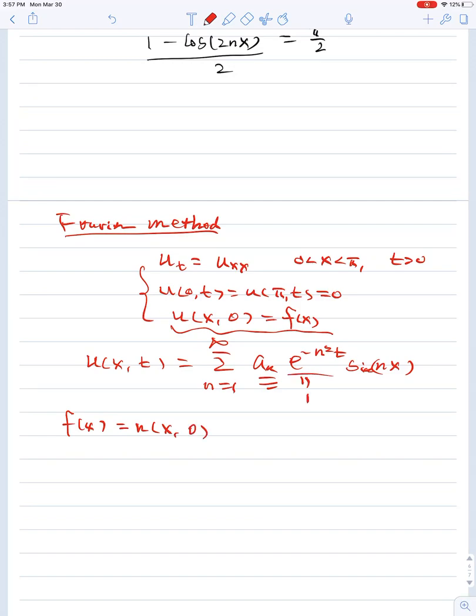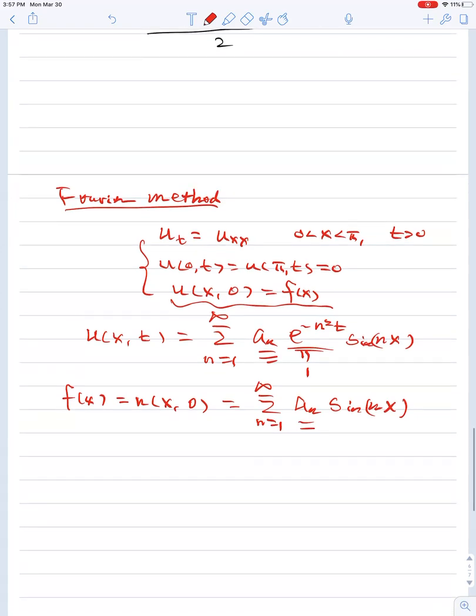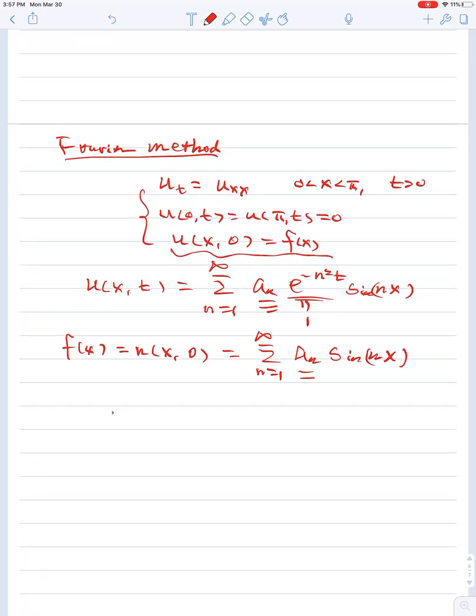These coefficients are determined by the initial condition, because f(x) is u(x,0). When t is 0, the exponential term is 1. So therefore, you get the sum from n equals 1 to infinity of a_n sin nx. Now, this is the Fourier sine series of f(x) over the interval from 0 to pi.